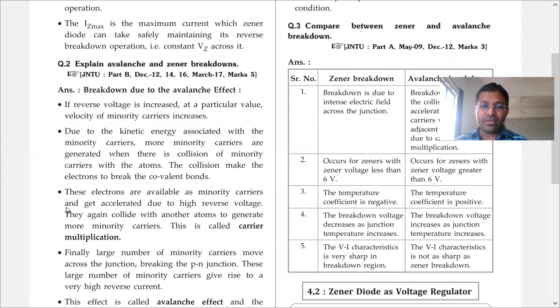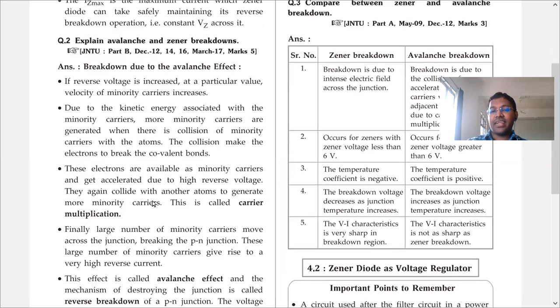So what happens? The minority carriers get accelerated due to high reverse voltage and collide with atoms to generate more minority carriers. It is like one stone going and hitting a mango: the stone is out of the tree, the mango is out of the tree.